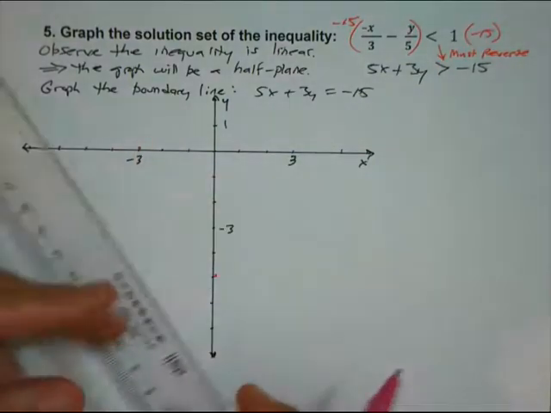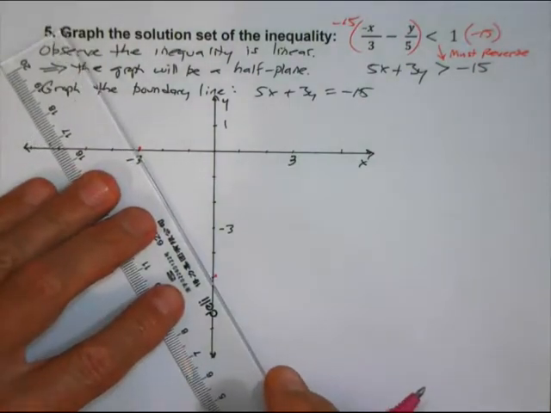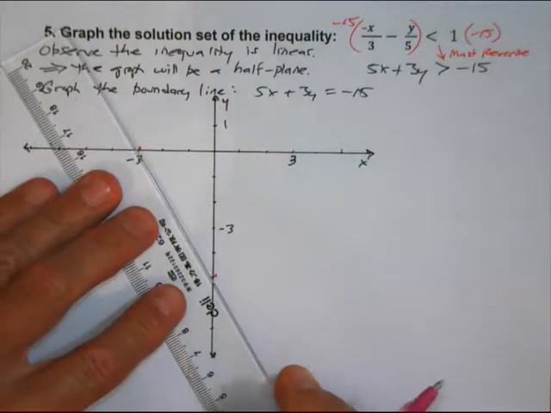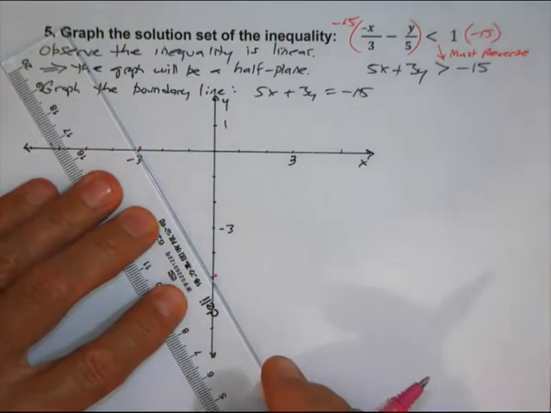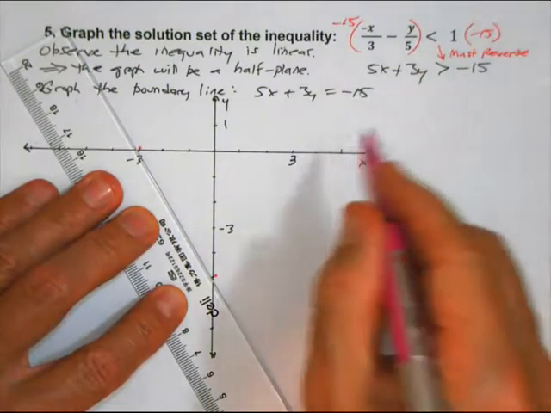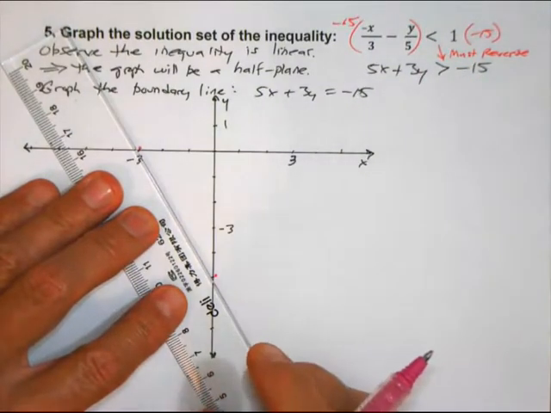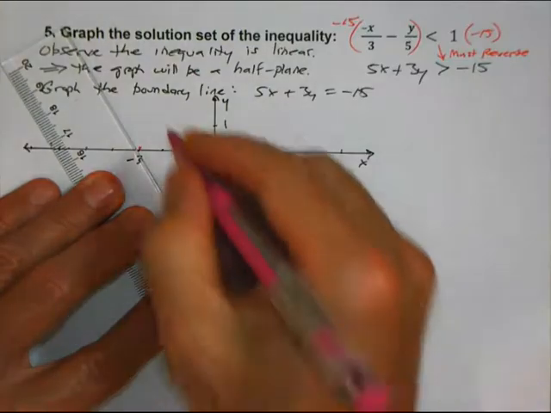Now we need to think here for a moment. This boundary line is not part of the solution set. This is a less than inequality. There's no or equals to about it. So we need to be sure to use a dashed line for this situation.